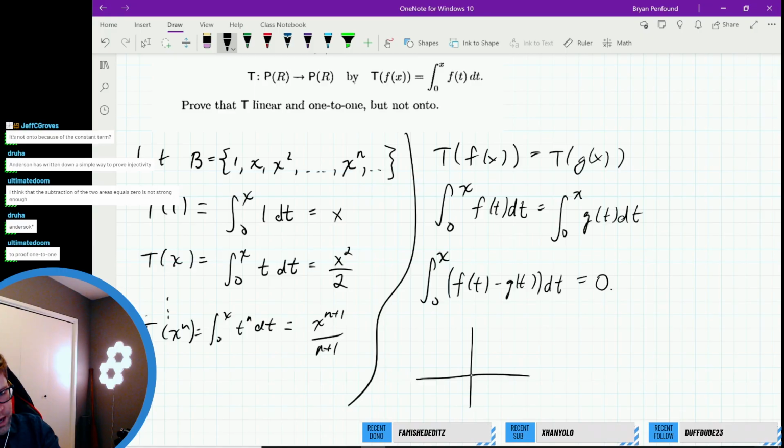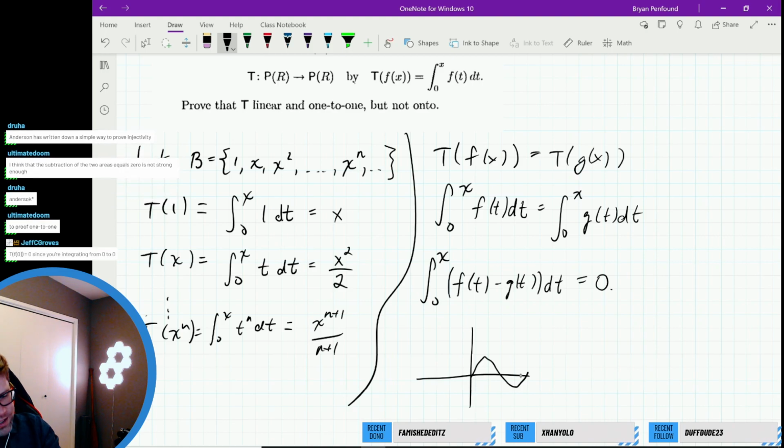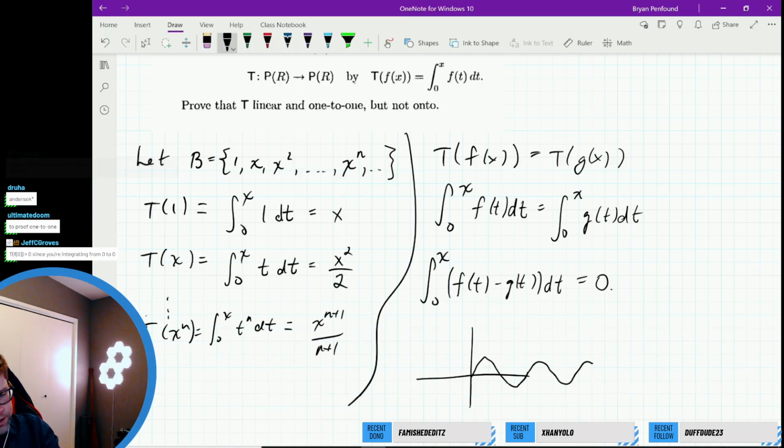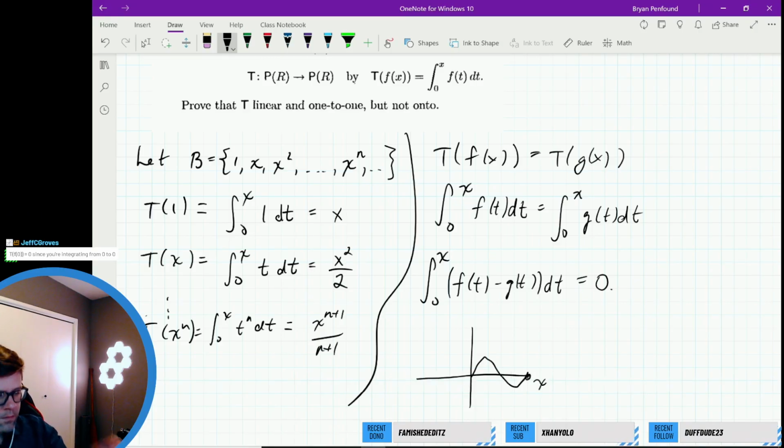I was just thinking, maybe we could do something like this, right? Could we make... Oh, no, that's not going to work. And since they're polynomials, they will eventually have to stop. They're not going to end up being periodic or anything weird. So yeah, I think we're okay here.